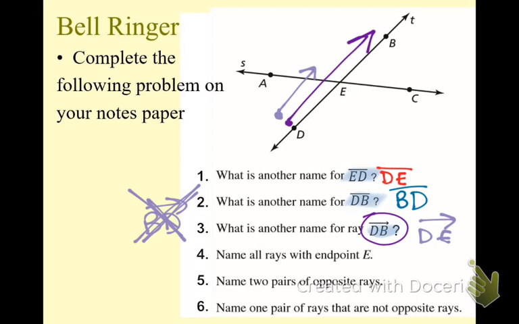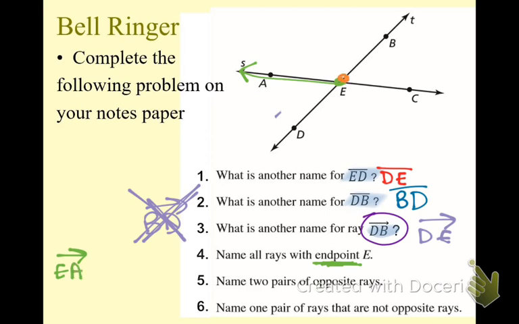Name all rays with the endpoint E. Just because it says endpoint, this is what throws people off. When I name it, what letter should go first? E. All right, so let's name one of them. EA. Sure, EA. EB. I'm color coding.